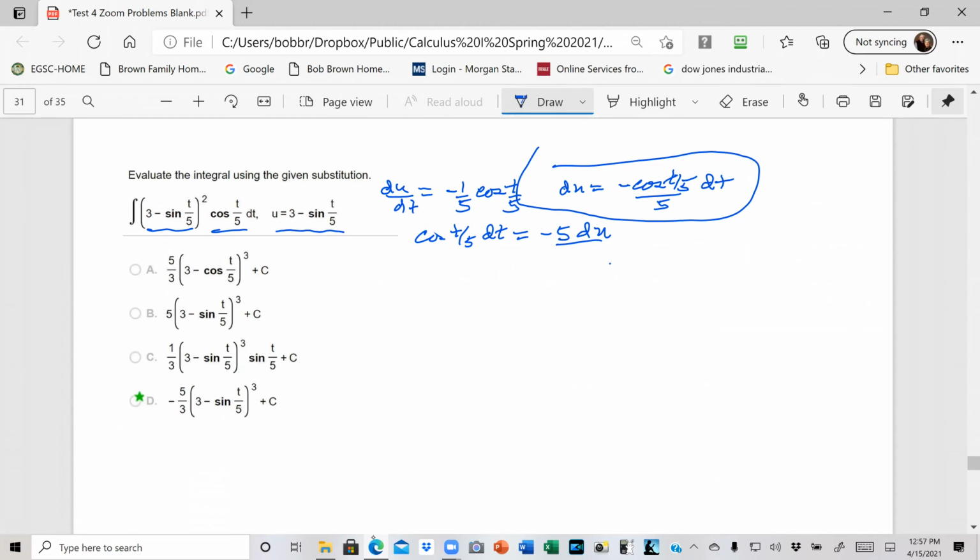So now this will be minus 5 du. 3 minus sine of t over 5 is u.